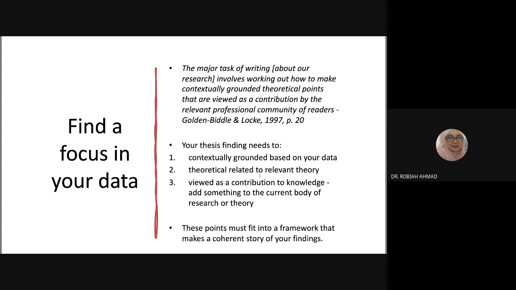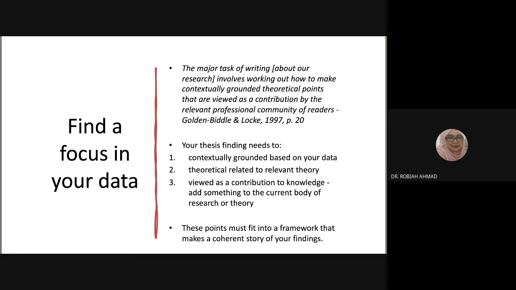Viewed as a contribution to knowledge, as I said earlier, add something to the current body of research or theory, because nobody has done this part of data collection or whatever results you have. So you have to highlight what you have and how it contributes to the body of knowledge.